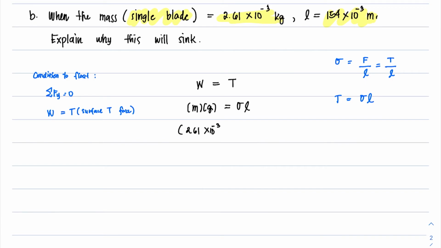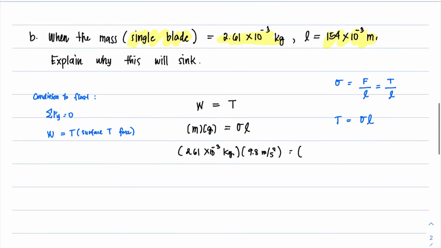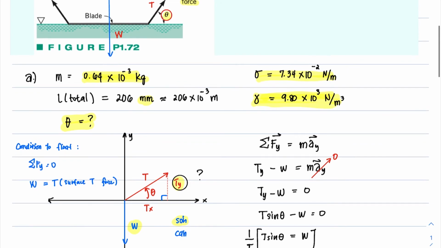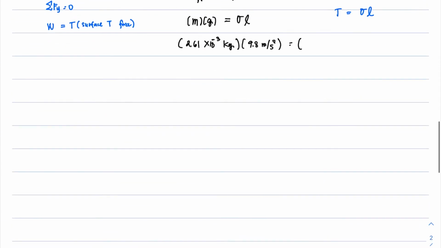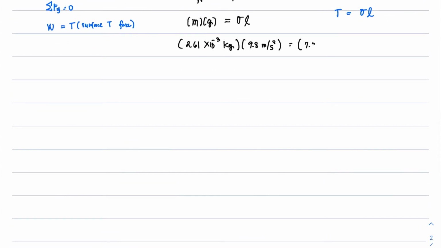Negative 3 kilograms. The acceleration due to gravity on Earth is 9.8 meters per second squared. And then the surface tension of water is a given 7.34 times 10 to the power of negative 2 newtons per meter, multiplied by the length.